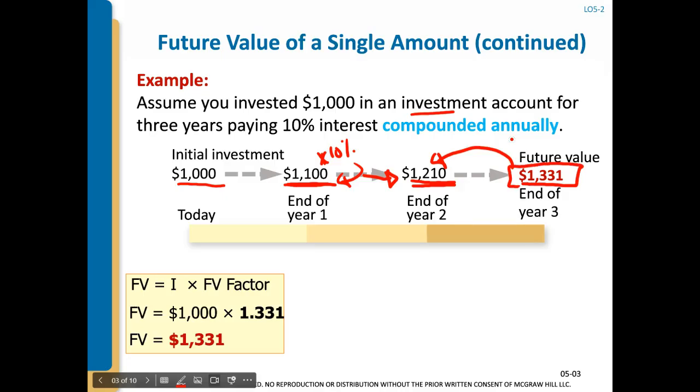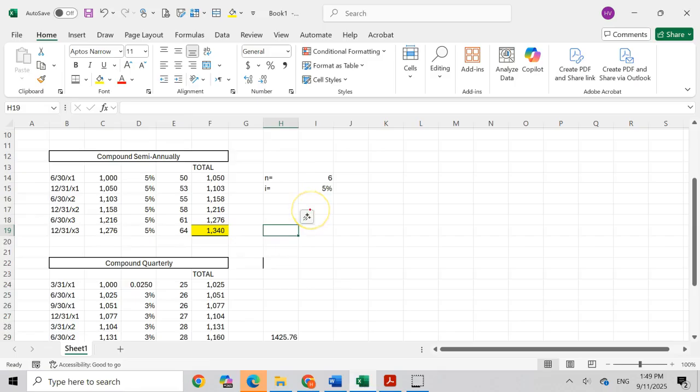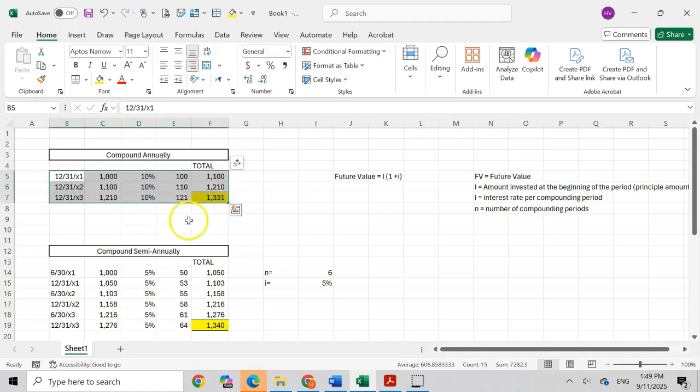$1,331. I'm going to go back into our Excel file that we used in the first video and just scroll up. And you can see here, this is what we did to calculate the compounding of 3 years at 10% manually, meaning in Excel, where we had each period, and here's our 10% that we earn each period.